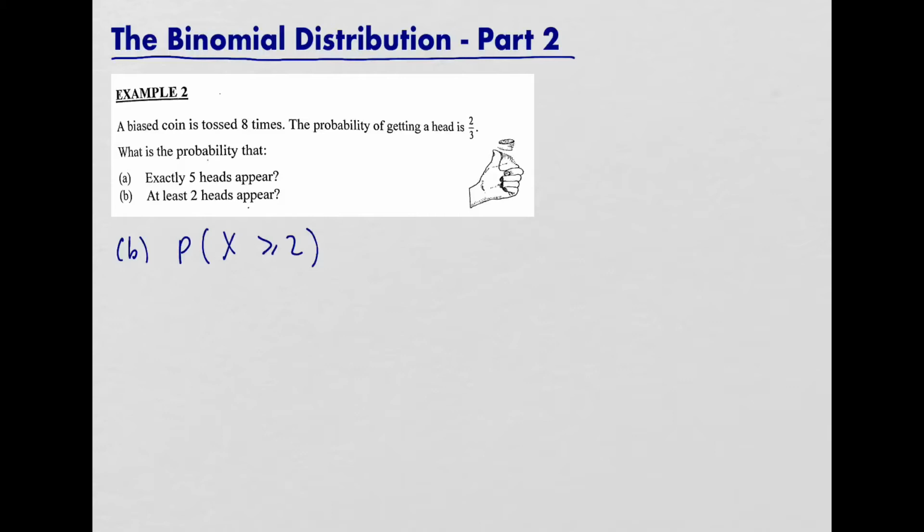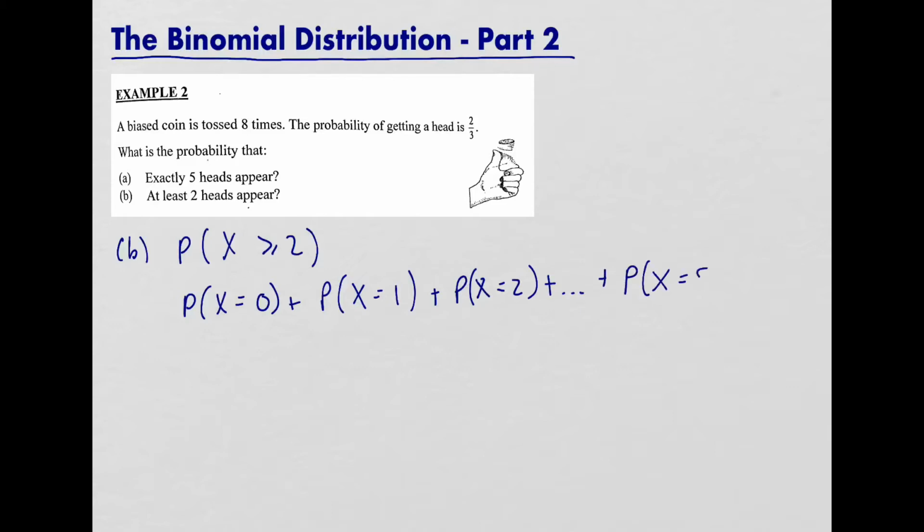However, it would take extremely long to work out all of these exact probabilities, so there's an easier way. Remember, the sum of the probabilities of a random variable must always be equal to 1. So the probability that x equals 0 plus the probability that x equals 1 plus the probability that x equals 2 plus, and all the ones in between to the last one, the probability that x equals 8 must equal 1.